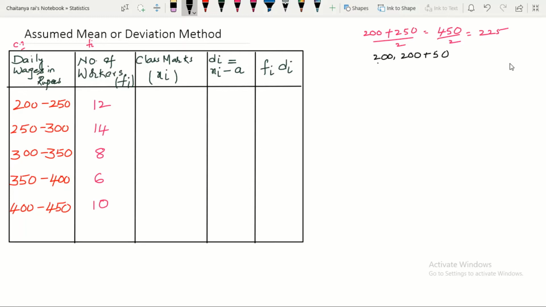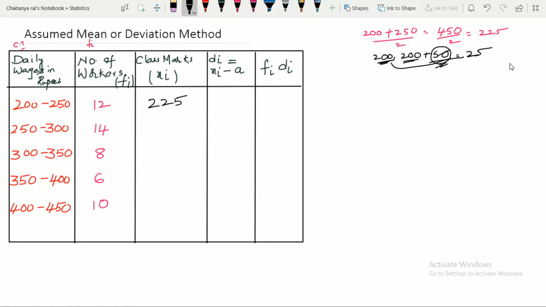So both the upper and lower boundaries are 200, and some 50 is in excess. I take the average of this, that is divide it by 2, and this becomes 25. This is just for our understanding, it is not the actual process. So here it is 200 plus 25, that becomes 225.